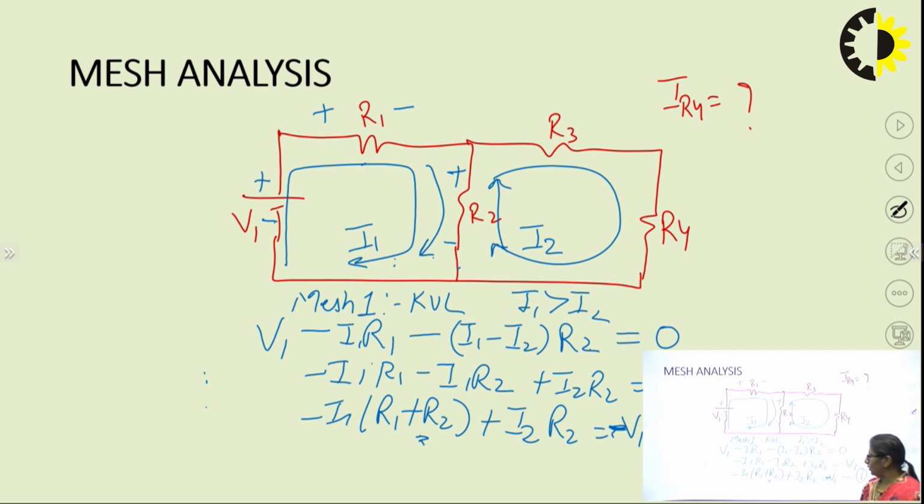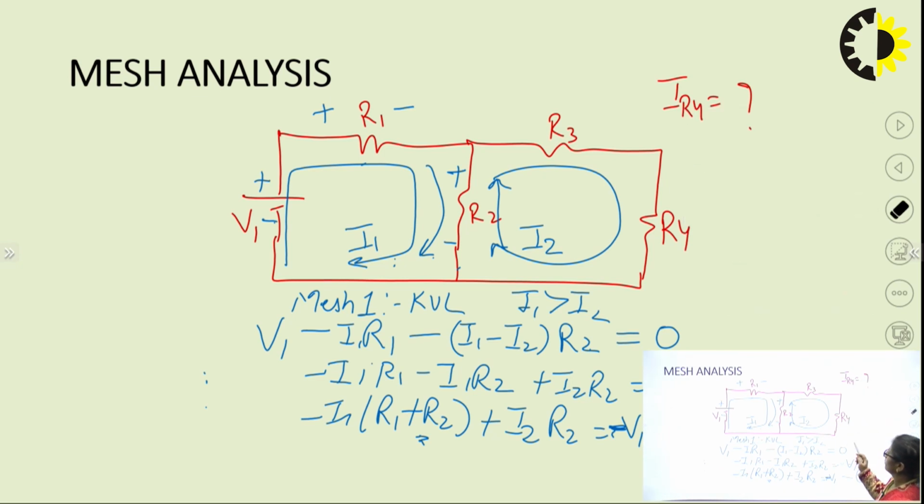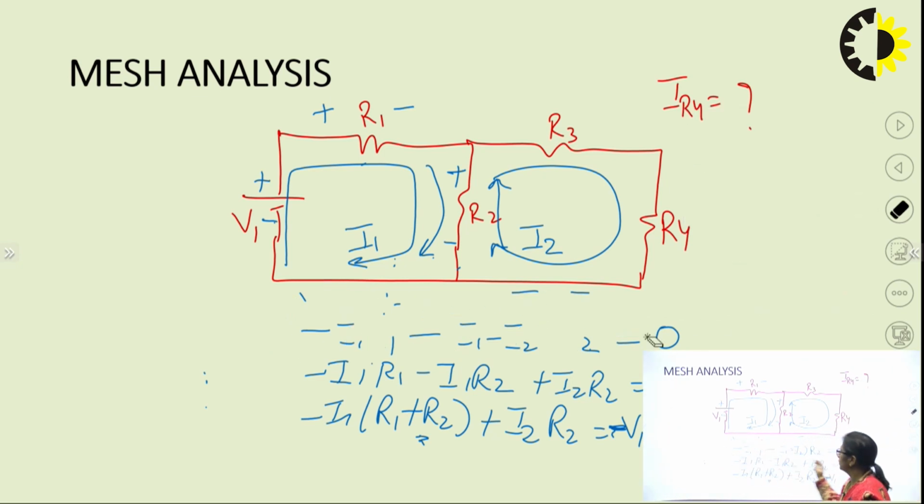Now I may be moving on with the next, applying KVL to mesh 2. In this mesh 2, if at all I see, what can be the expression for this? This is R2, R3 and R4. The current flowing is I2.